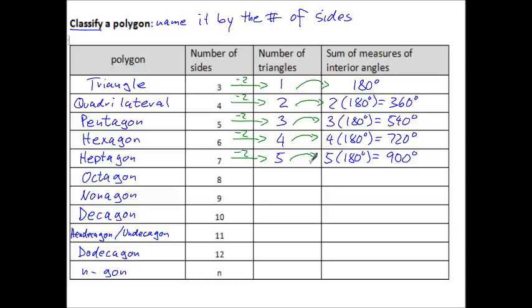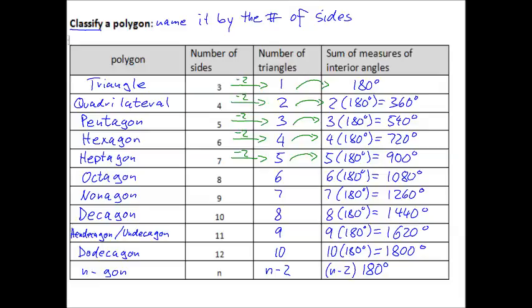That being said, I would like you to fill out the rest of the table yourselves now and then check with me later. And also think about what is the rule that you can use for the n-gon, where the number of sides is just n. Go ahead, stop the video and fill it out and check with my work afterwards.